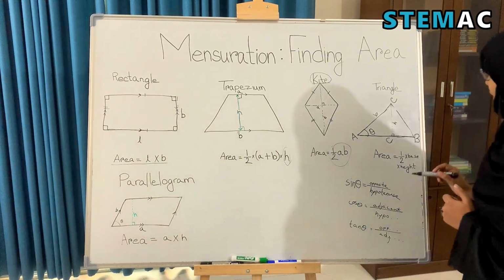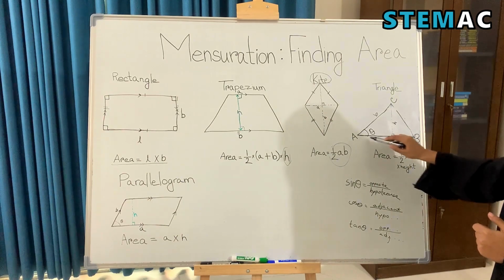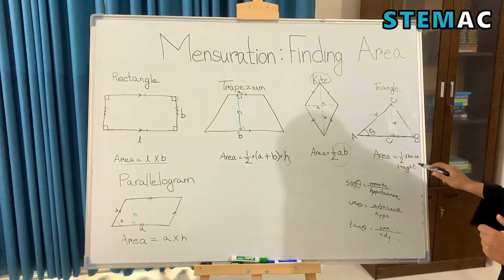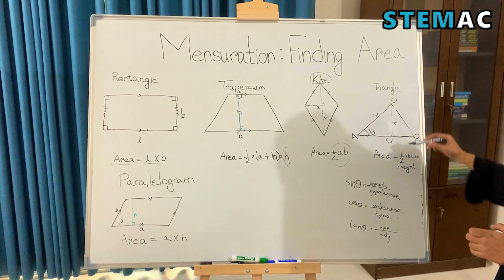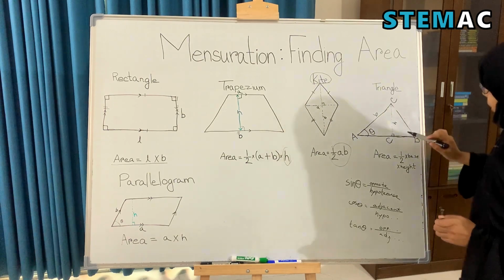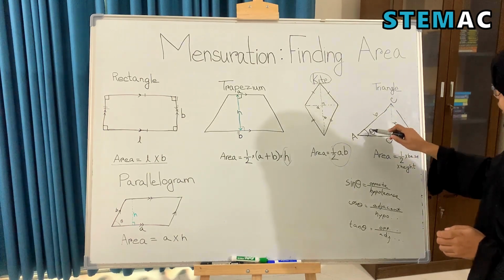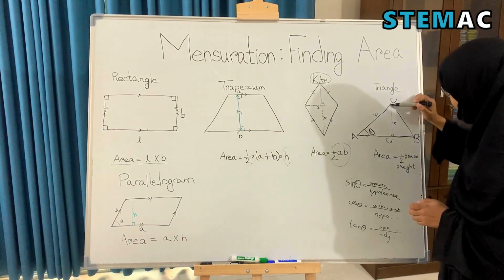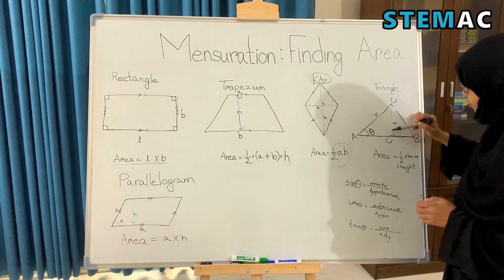So, we know this side, so we can take this as base, half into c into, and what would be the height. Here we know this angle theta and we do not know this height, we have to find it.